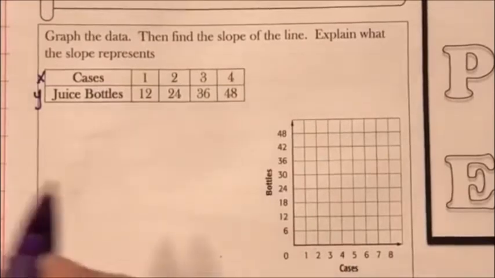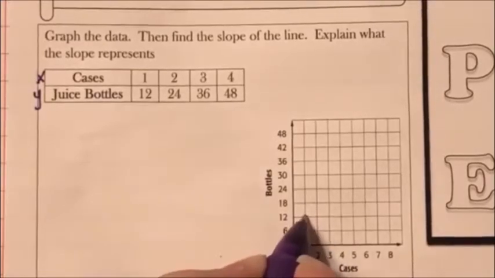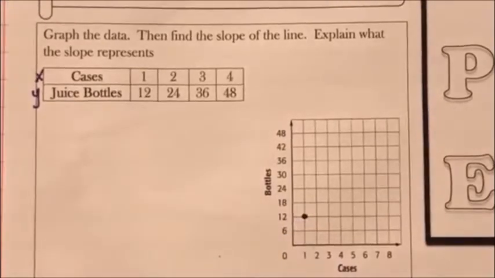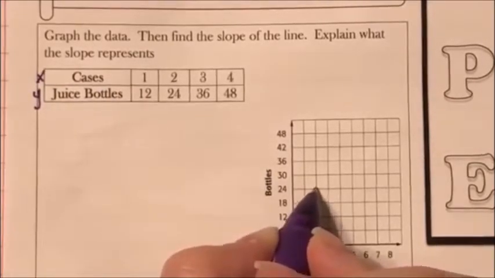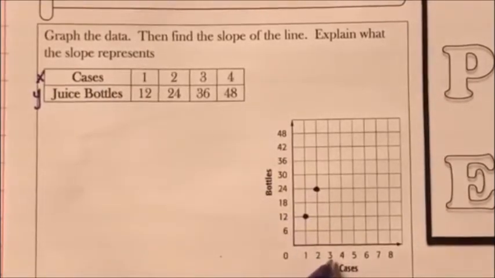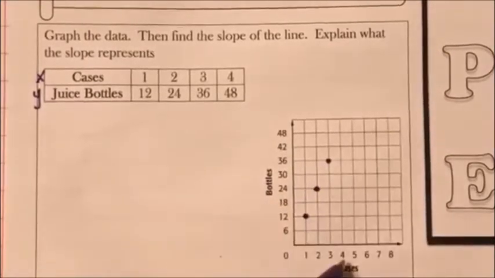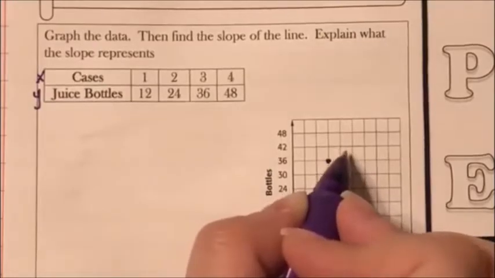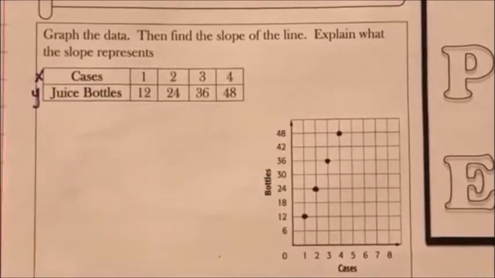Okay, so x, so one case, so go over 1 up to 12, make a point, go over 2 up to 24, make my next point, over to 3 up to 36, and then over to 4 up to 48. Okay, so there's my data that I've graphed.